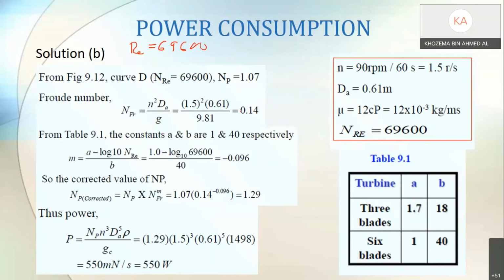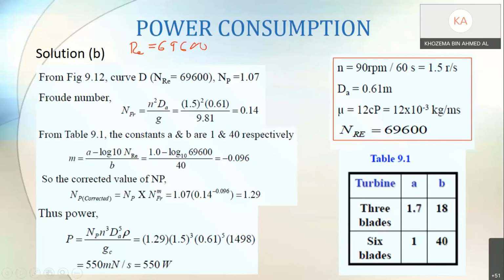I get a value of Froude number equal to 0.14. Next, I find the value of m. So for a 6-blade turbine, the value of a is 1, the value of b is 40. So I substitute into this equation, and I know the value of Reynolds number is 69,600. So I get a value of negative 0.096.